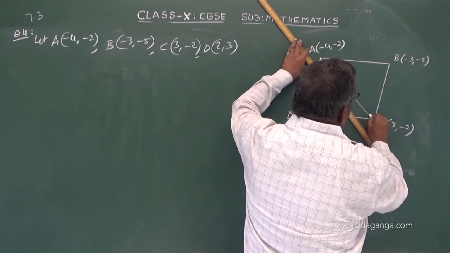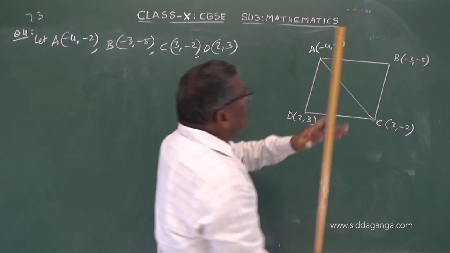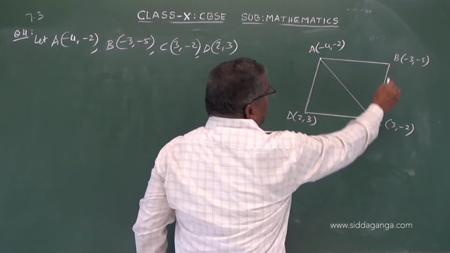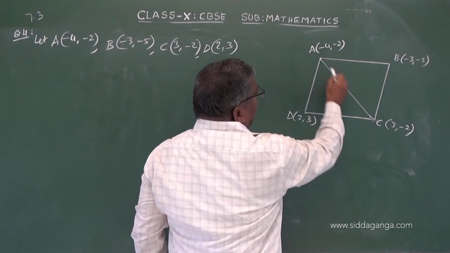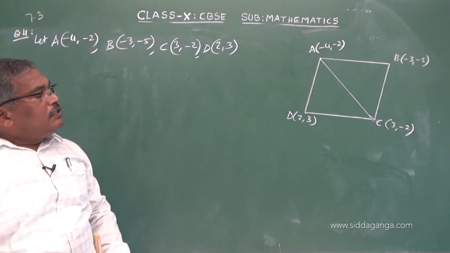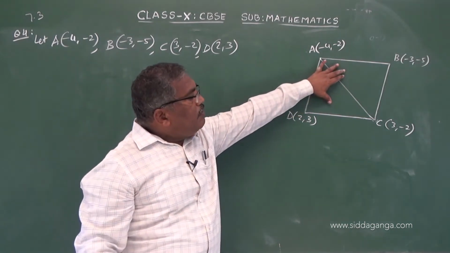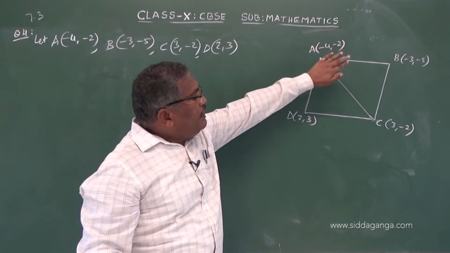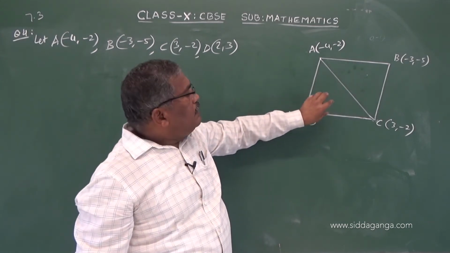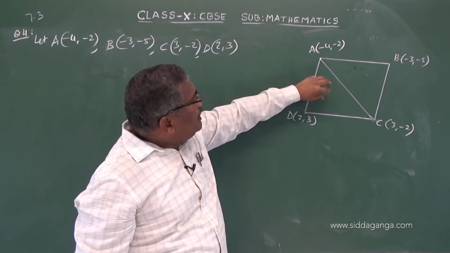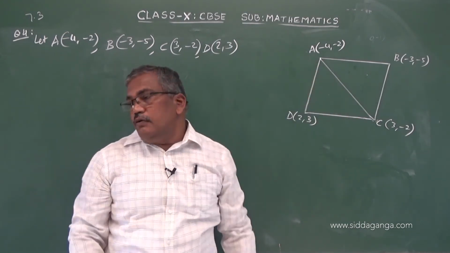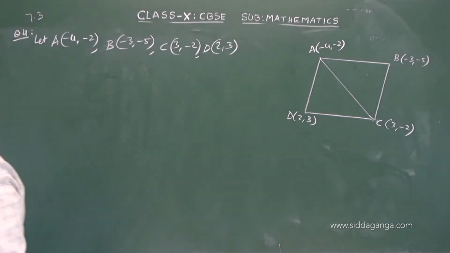When you join AC, you will get two triangles here: one is ABC and another is ACD. So, to find the area of the quadrilateral, find one triangle's area ABC and another triangle's area ACD and add the two, you will get the total area. That is how you have to solve this problem.